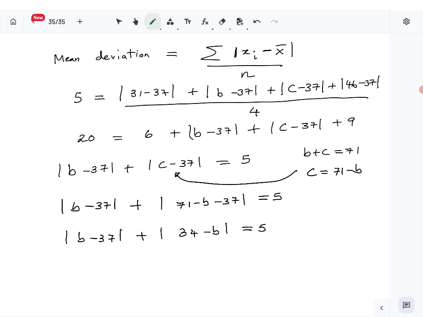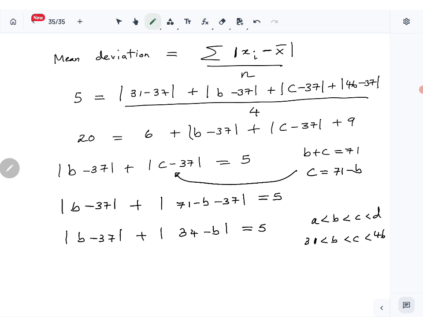Now you can either solve them using absolute value theory, or you can just plug in numbers and get the answer, because we already know this relationship. A is 31, so B has to be greater than 31 and less than 46.